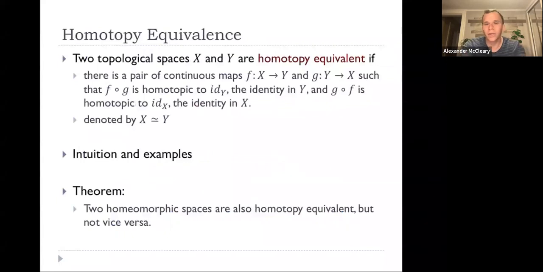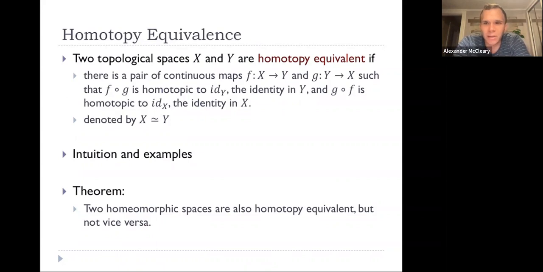Okay, and now we can use homotopies to define homotopy equivalences. The idea with homotopy equivalences that we looked at last week was that it's a loosening of the homeomorphism requirement. Two topological spaces are equivalent as topological spaces if they're homeomorphic. But that's quite a strict condition. So in practice, we're oftentimes going to want to loosen that up.